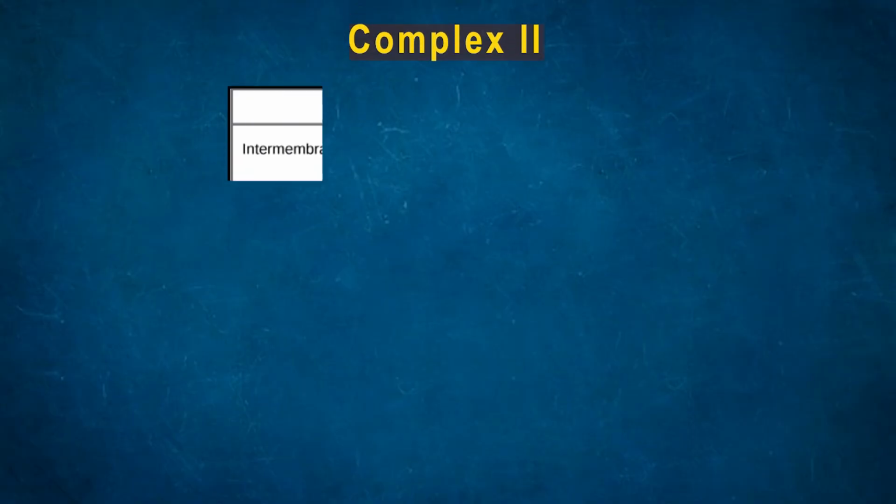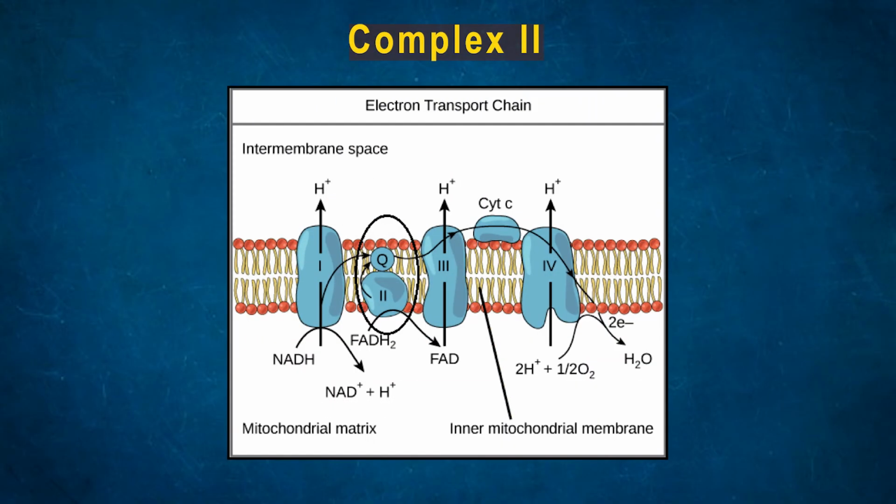Complex 2 consists of the enzyme succinate dehydrogenase from the citric acid cycle. Sometimes it is called succinate Q oxidoreductase. In complex 2, CoQ obtains hydrogen and electrons directly from FADH2. This produces CoQH2 and regenerates the oxidized FAD, which can be used in the TCA cycle, along with the help of a series of iron-sulfur clusters.